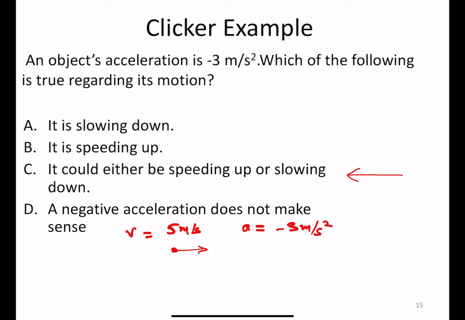So after 1 second, the velocity of the particle would simply be 5 minus 3, or 2 meters per second. So it will have slowed down after 1 second. This seems to indicate that an acceleration of minus 3 meters per second squared would make the object slow down. All right, what about if the object was moving to the left at 5 meters per second, same instantaneous velocity?